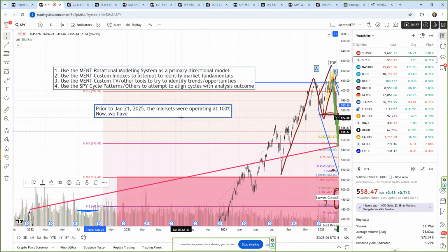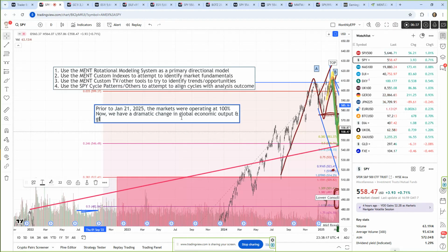Now we have a dramatic change in global economic output and global trade policy that I believe will continue to disrupt the global markets.